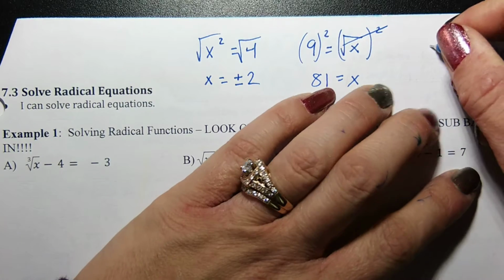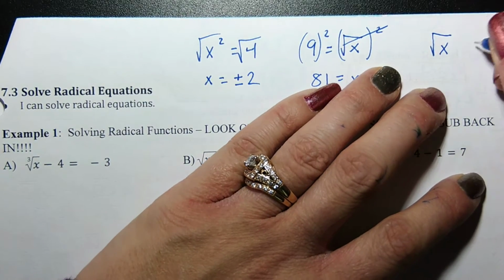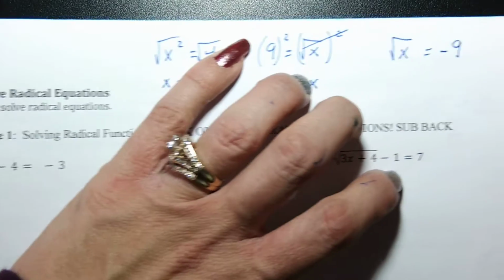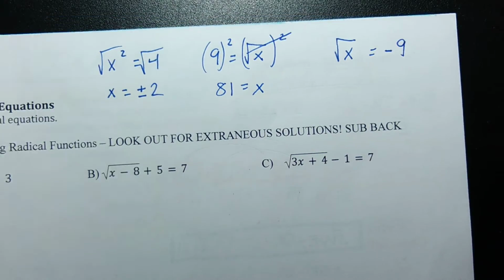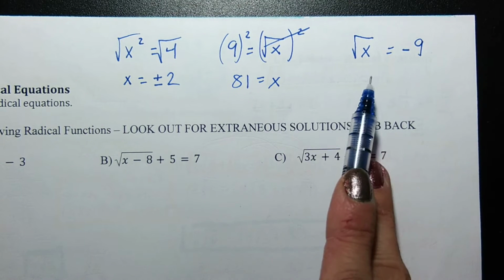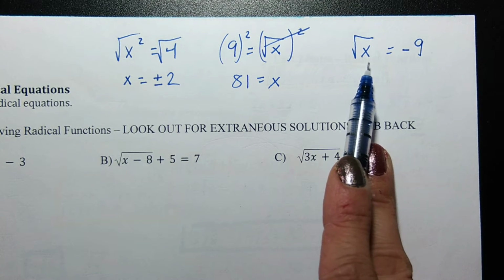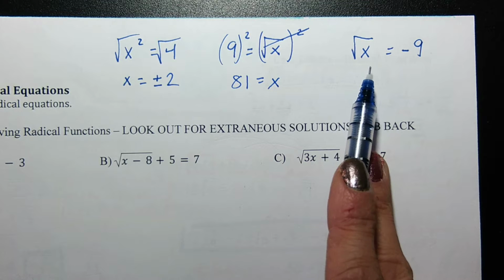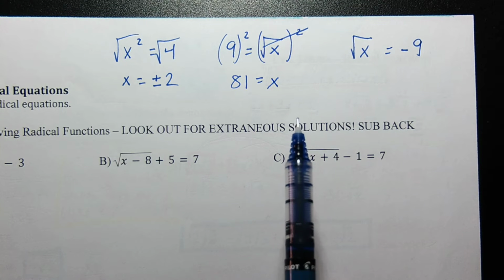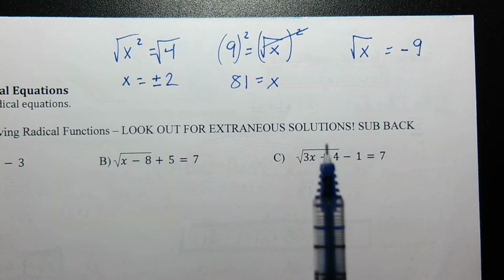What if I have the square root of x equals negative 9? If I think about this conceptually and plug in 81, what's the square root of positive 81? 9. What's the square root of negative 81? 9i.